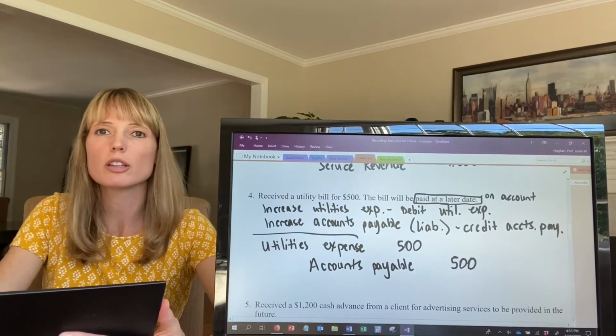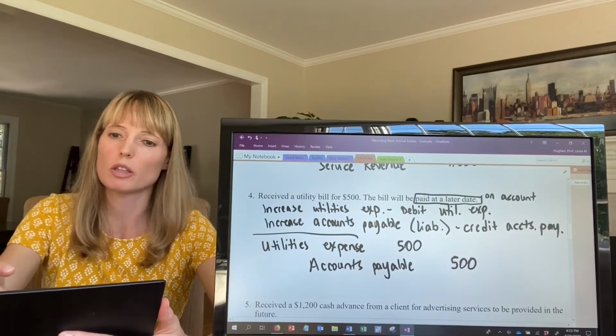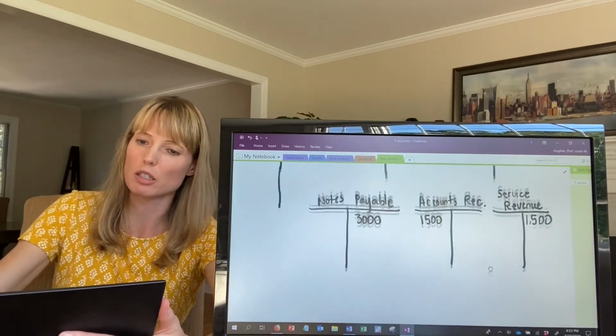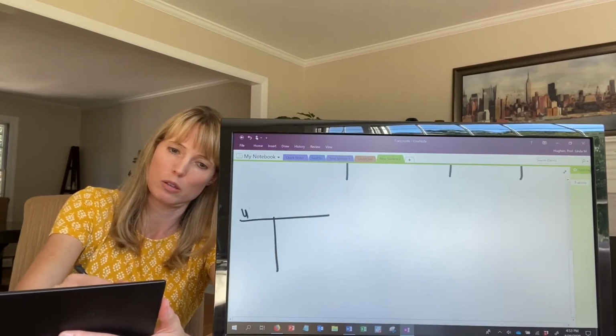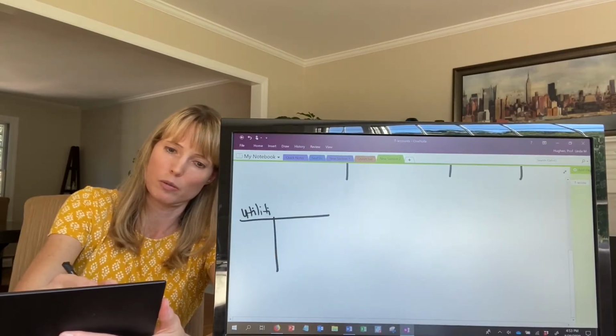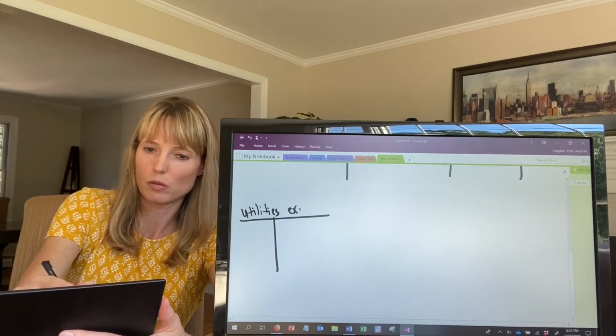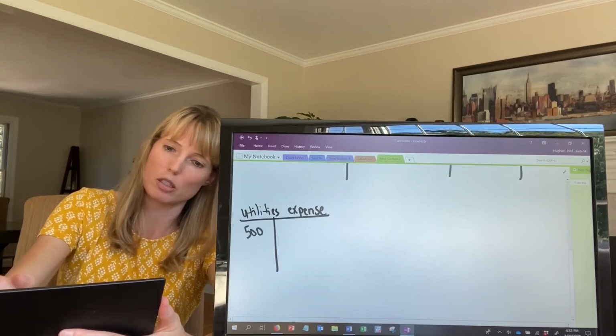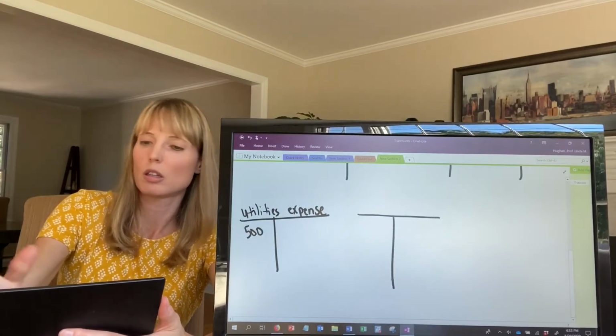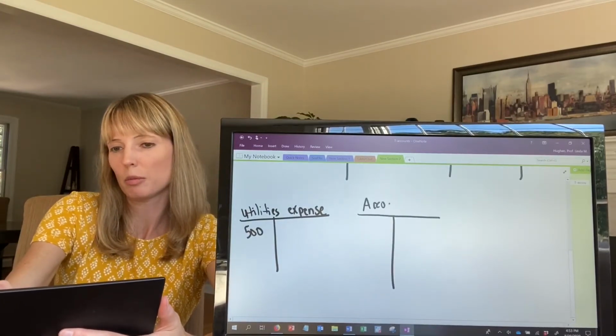Now I need to post this transaction to the ledger accounts, utilities expense and accounts payable. Debit utilities expense and credit accounts payable.